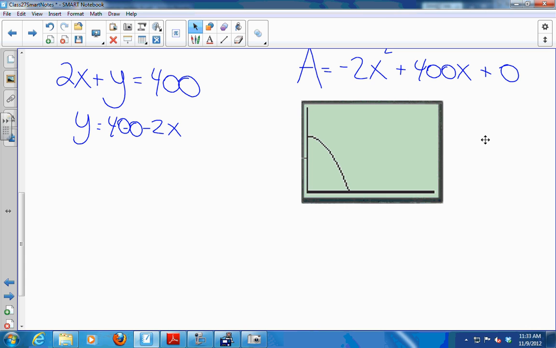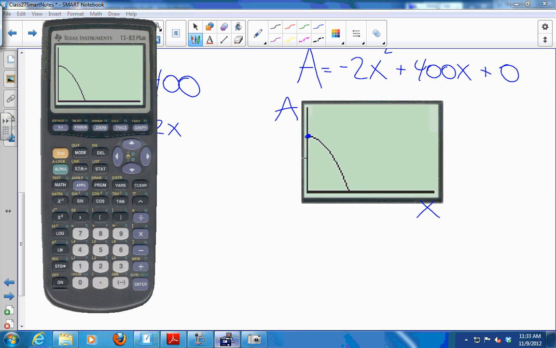Okay, so this is x, the length of one side of the corral, and this is area. Y is area. So the maximum area is happening right here. Maybe I want to look a little further left, right? I'm not sure that that's the very top.